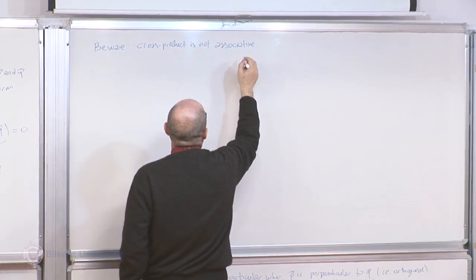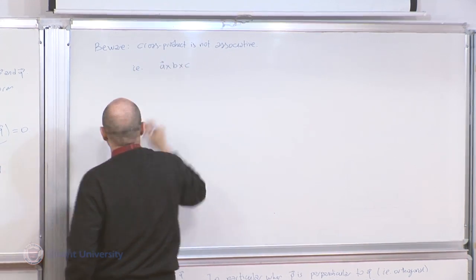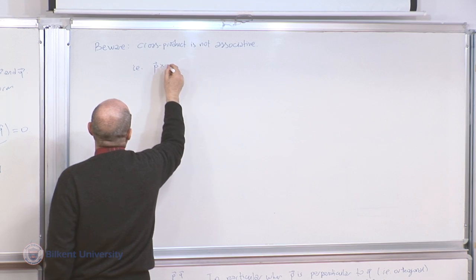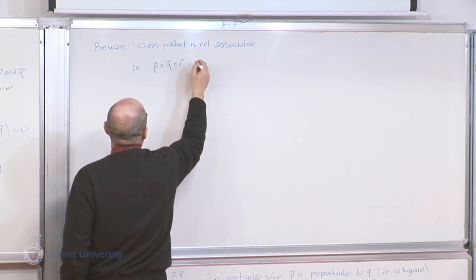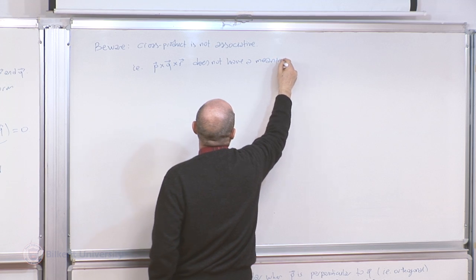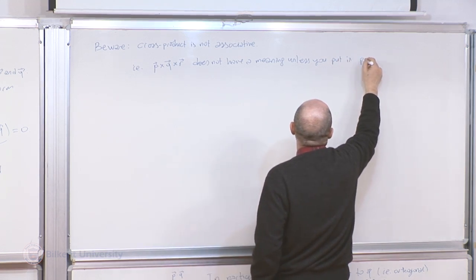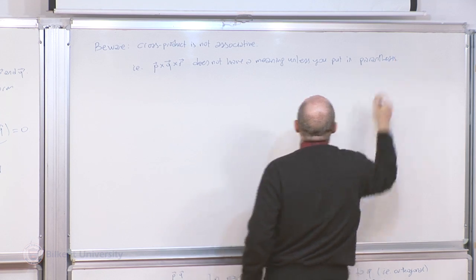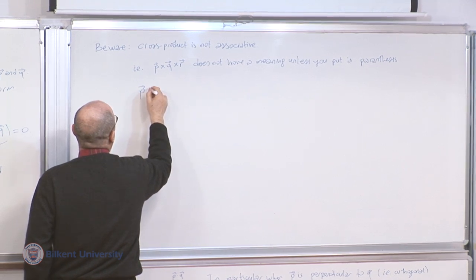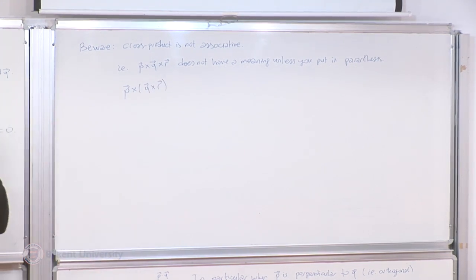It means that with vectors, since I use P, Q, R, let me use P, Q, R: P cross Q cross R does not have a meaning unless you put in parentheses. So for example, P cross (Q cross R).